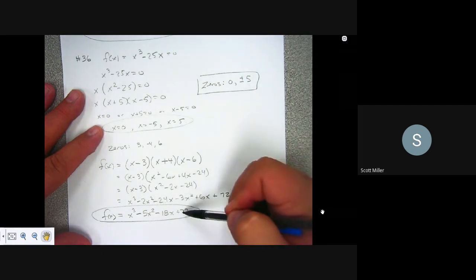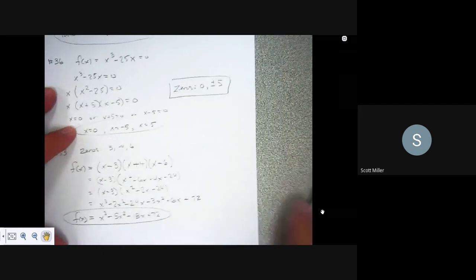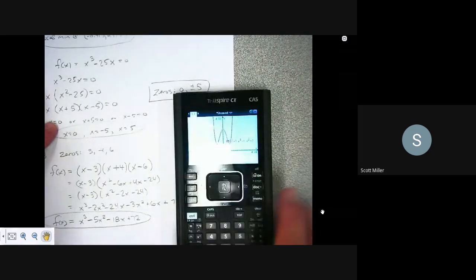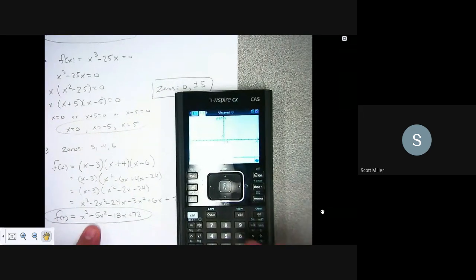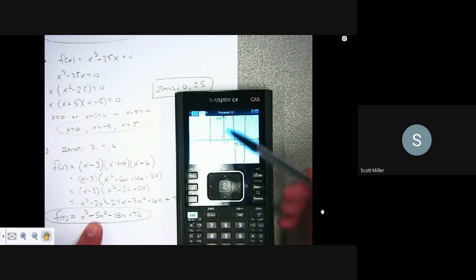And if you graph this on the calculator, you will see that it goes through those points. Let's see if I can do it real quick. So if I graph this down here, x to the third minus 5x squared minus 18x plus 72, and if I graph it, you'll see that it goes through -4, it goes through +3, and it goes through +6.